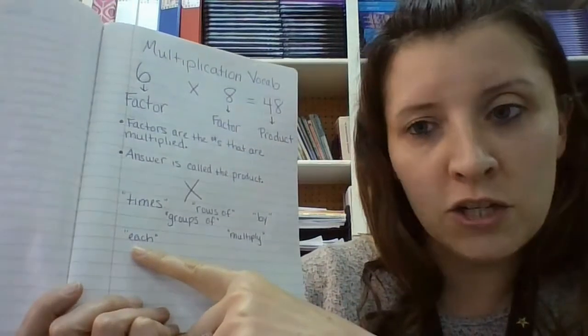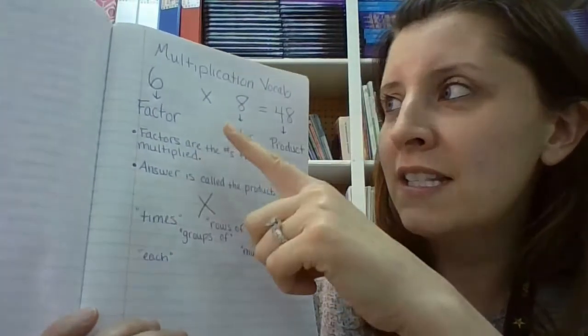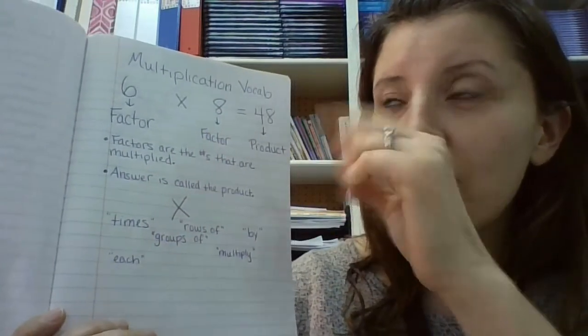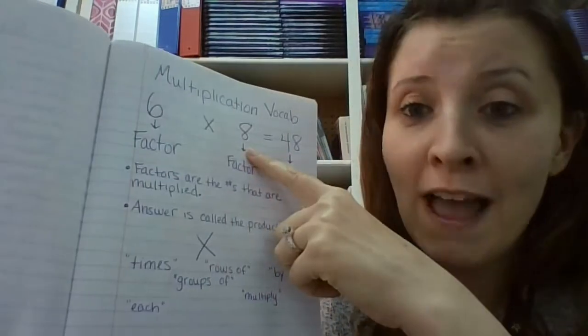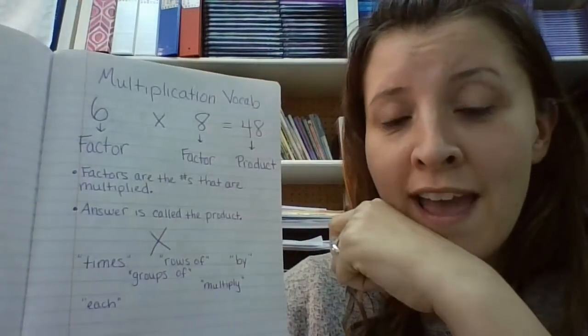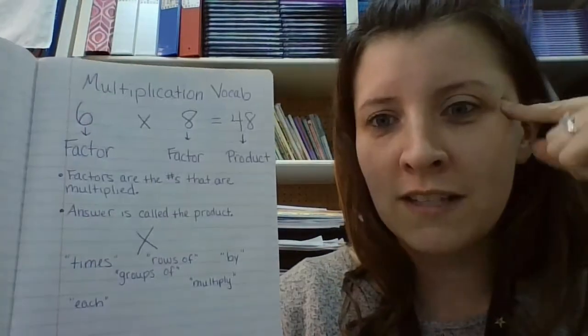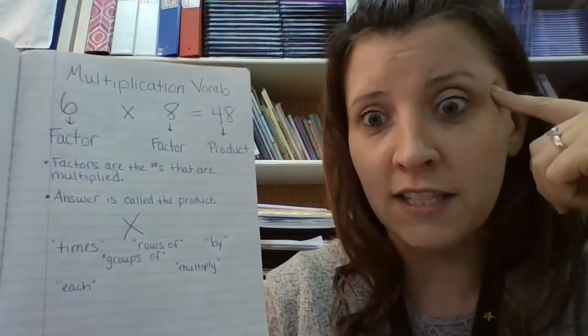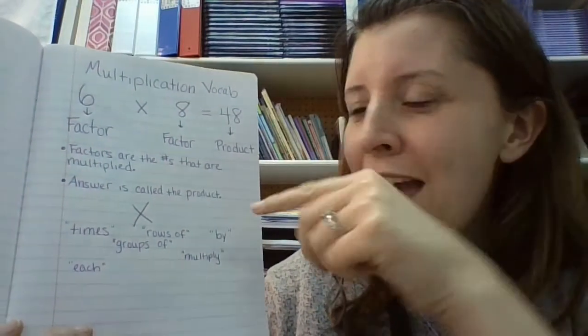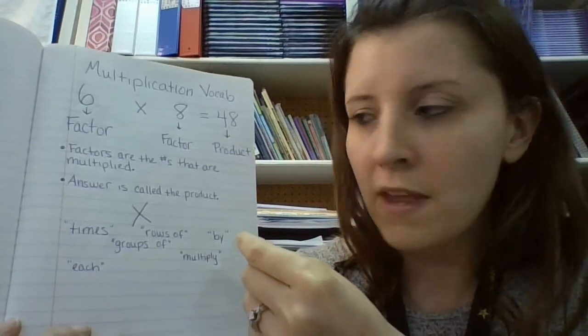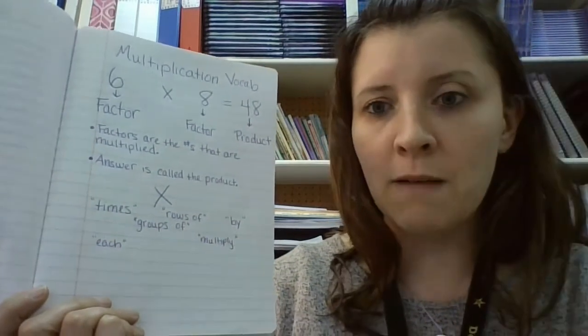And then each. If I had 6 flower pots, and in each flower pot I had 8 flowers, how many flowers would I have? That almost sounds like addition, and kind of it is. Repeated addition is another multiplication strategy, but that word each in the problem automatically sets up groups.